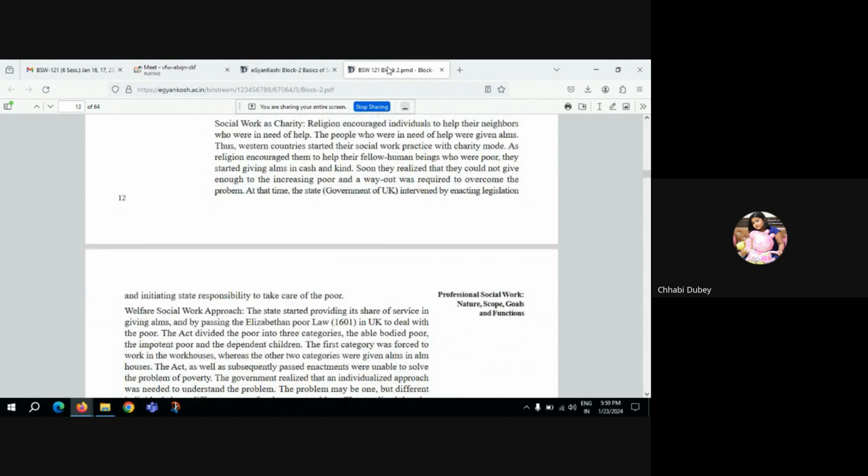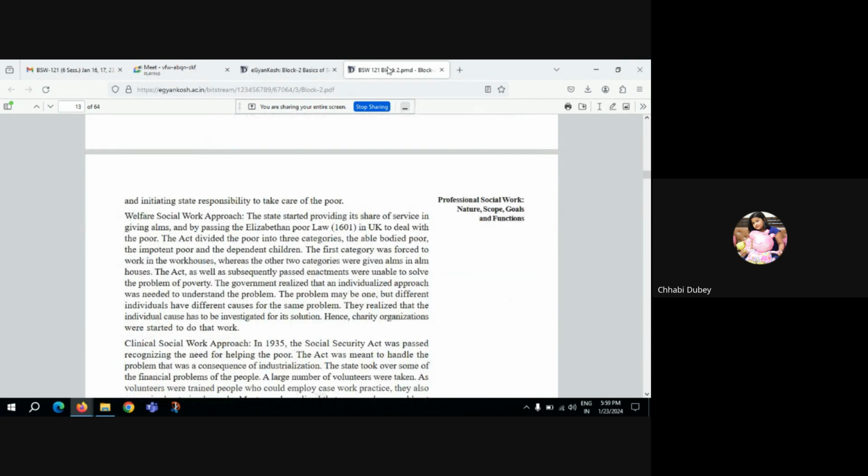Then another approach is what is known as the welfare social work approach, which starts with the passing of the Elizabethan Poor Law in 1601 in the UK to deal with the poor. So this is the welfare social work approach, where the state was given the responsibility of taking care of the people who were in need of care and protection, and not just a matter of charity.